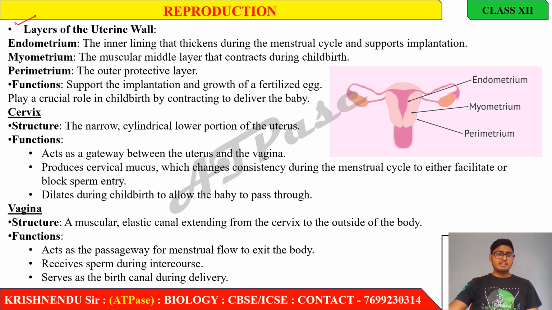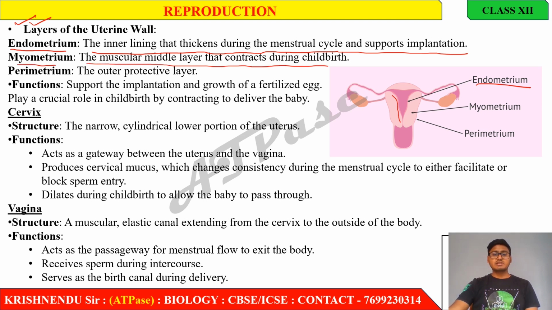The next is the layers of the uterine wall. What are the layers of the uterine wall? First layer is the endometrium, the inner lining that thickens during menstrual cycles and supports implantation. This is the endometrium. The inner wall is known as the endometrium. Okay, then the myometrium, the muscular middle layer that contracts during childbirth.